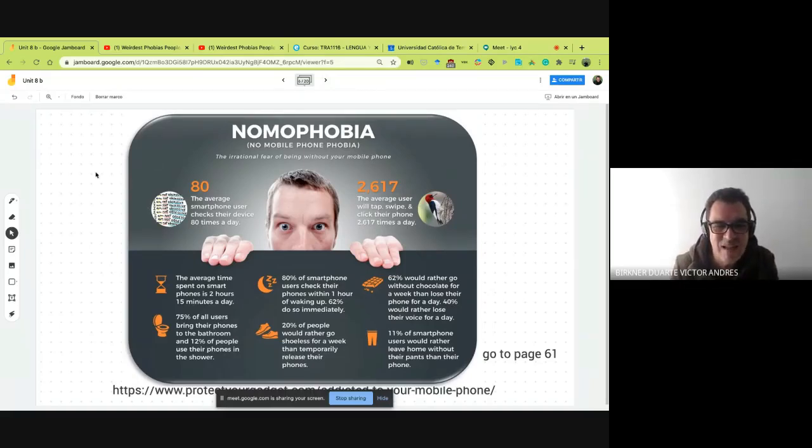Let's see some numbers, some statistics. For example, 80% of the people who have smartphones check their device 80 times a day. It's a lot. I think that most of us have probably at the moment been checking your email or your WhatsApp, right? 2,617 times a day is the average users will tap, swipe, or click their phone.